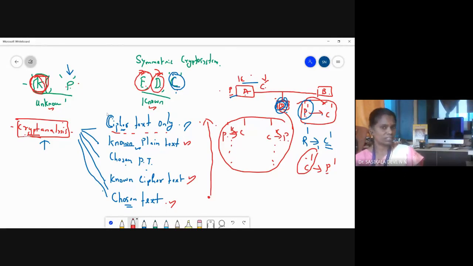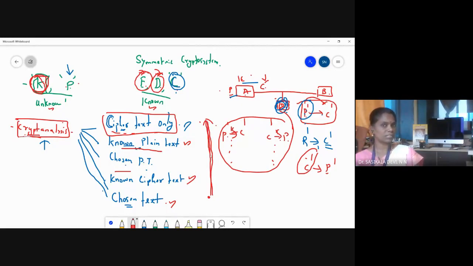All crypto systems will resist ciphertext only attack. But a poorly designed crypto system, though it resists ciphertext only attack, may be vulnerable to known plain text attack. If it is vulnerable to known plain text attack, definitely it is vulnerable to chosen text attack and so on. So the level of quality is based on this.